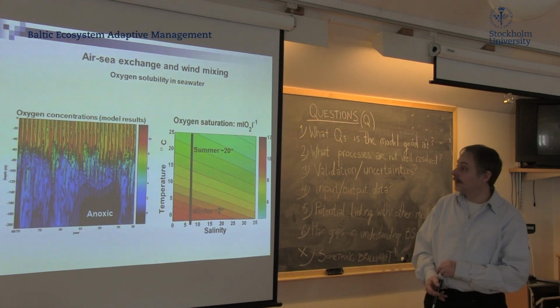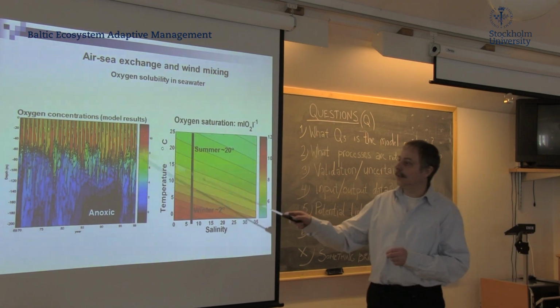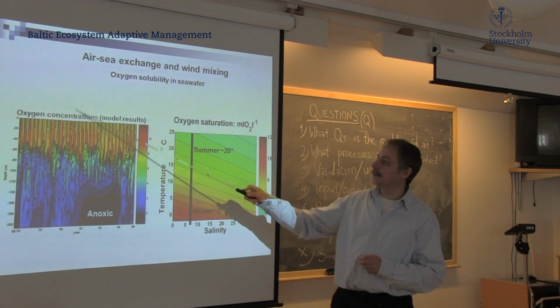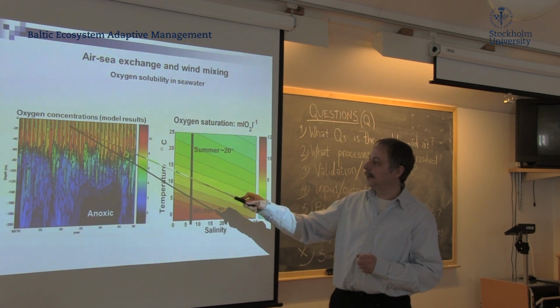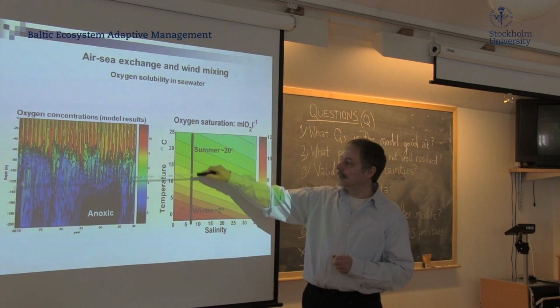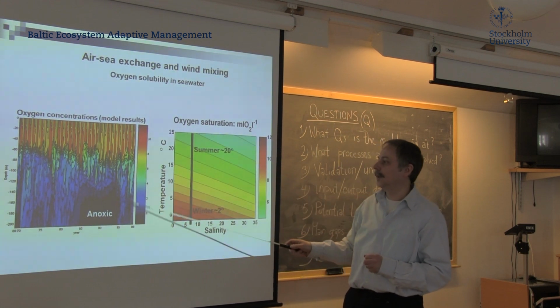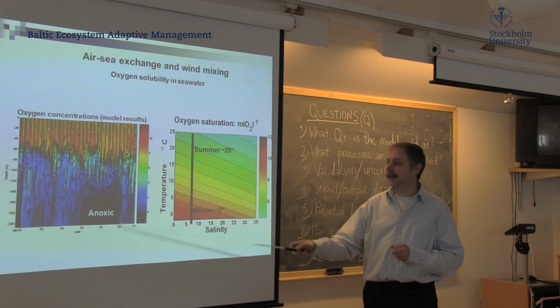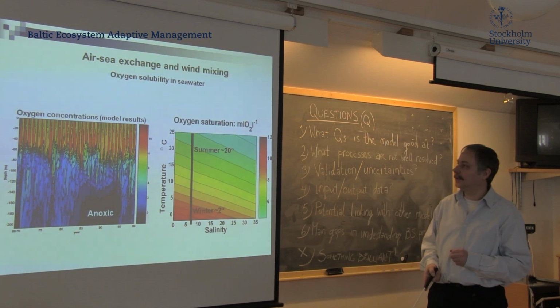And finally oxygen, a strong gradient also here because it's supplied from the atmosphere. And then you consume it, so actually here we have the halocline, below the concentrations are much lower and anoxic conditions during stagnation periods.